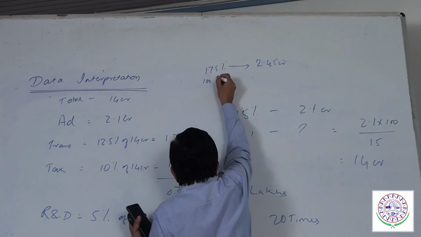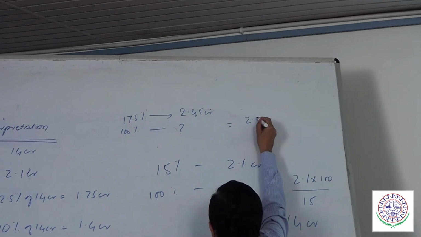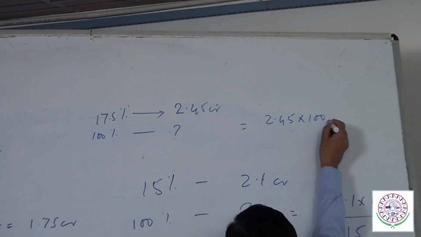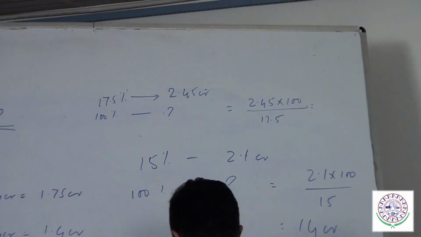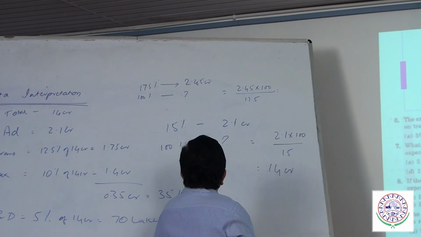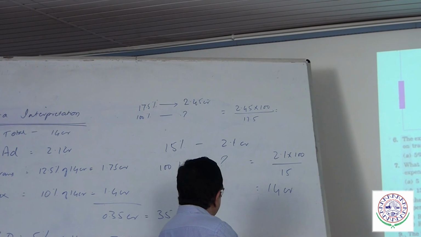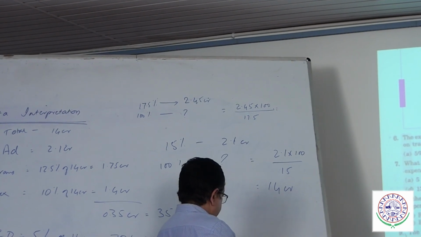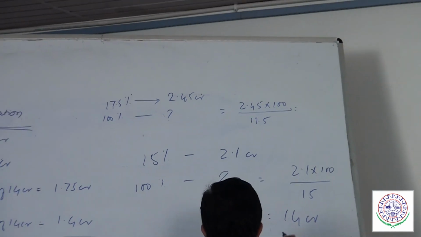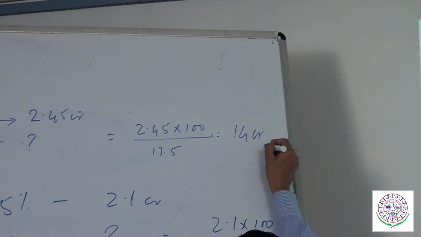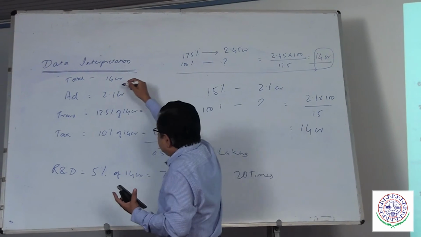So 100% is how much? 2.45 into 100 divided by 17.5. That is 14 crores.